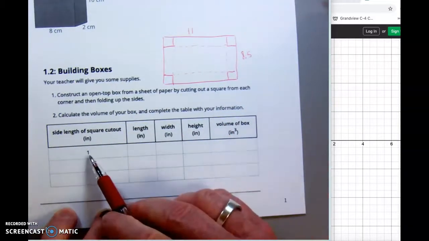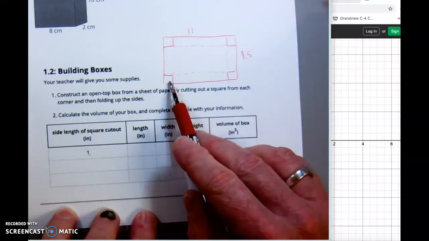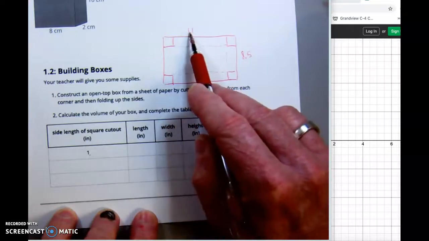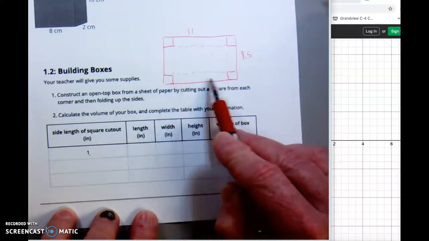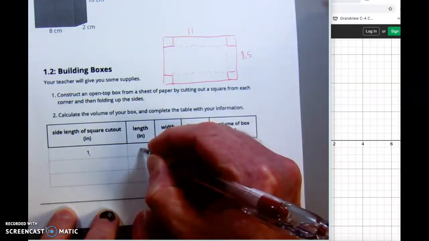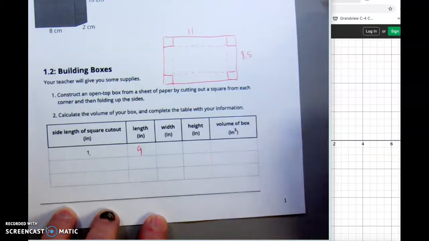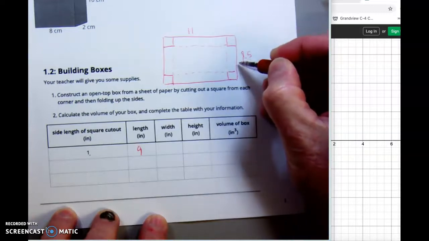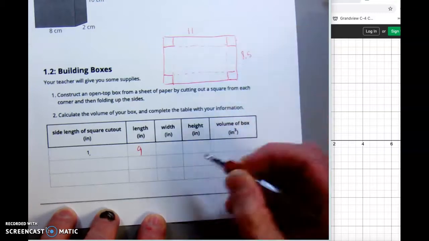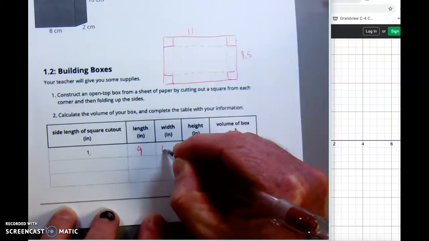So if we cut a 1-inch square out of each corner, so 1 inch here, 1 inch here, it started as 11 inches, so the side of our box would be 11 minus 2, that would be 9. The width of our box would be 8.5 minus 1 here and 1 here, so 8.5 minus 2 would be 6.5.